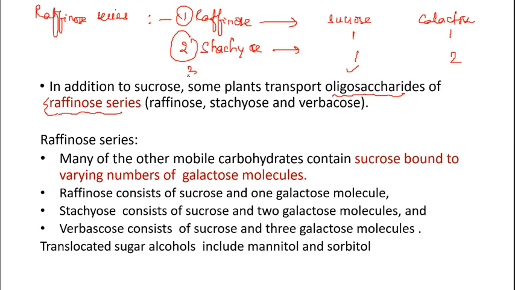And the third is verbascose, which contains one sucrose and three galactose. So these are bigger than sucrose. There are also some alcohols which are translocated, which include mannitol and sorbitol.